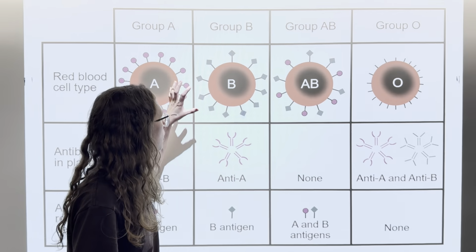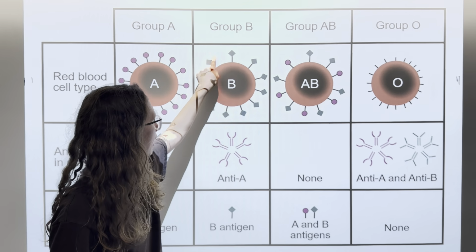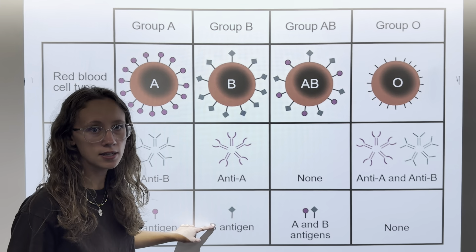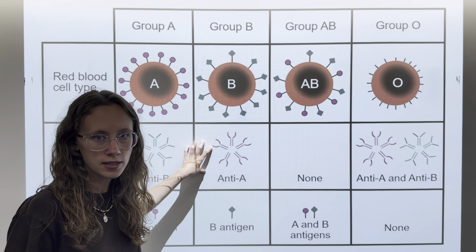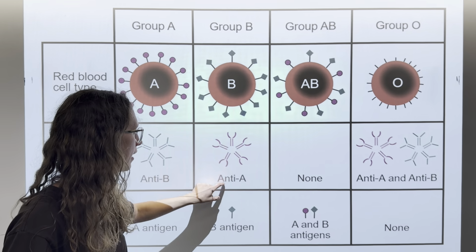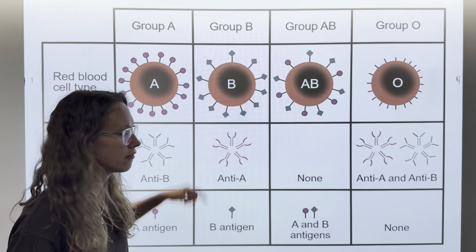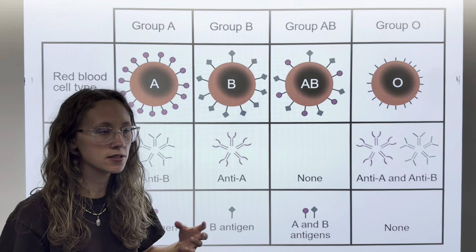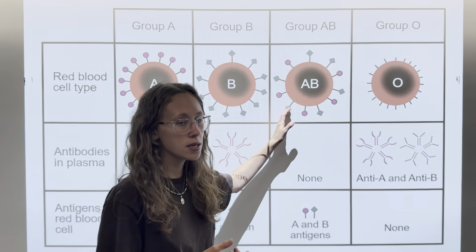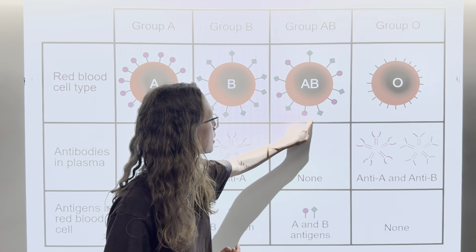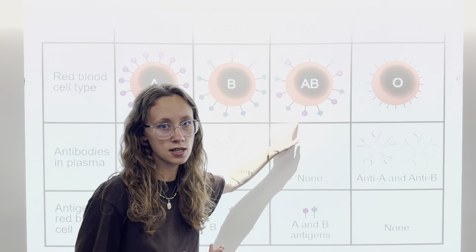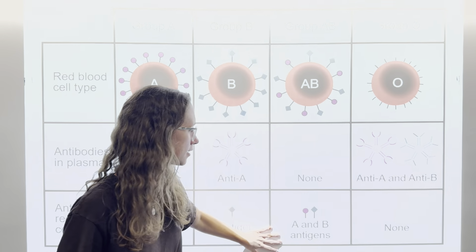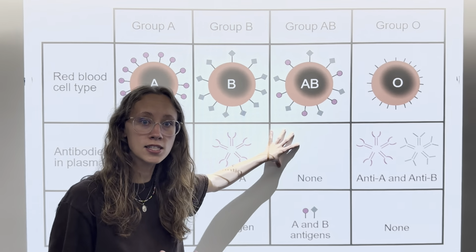Similarly, for group B, we have these B antigens on the surface of the red blood cell, and it has anti-A antibodies. So these antibodies are going to fight off the A antigen found on the group A blood cells. If we look at group AB blood, as we can see, it has both A and B antigens, and no antibodies.